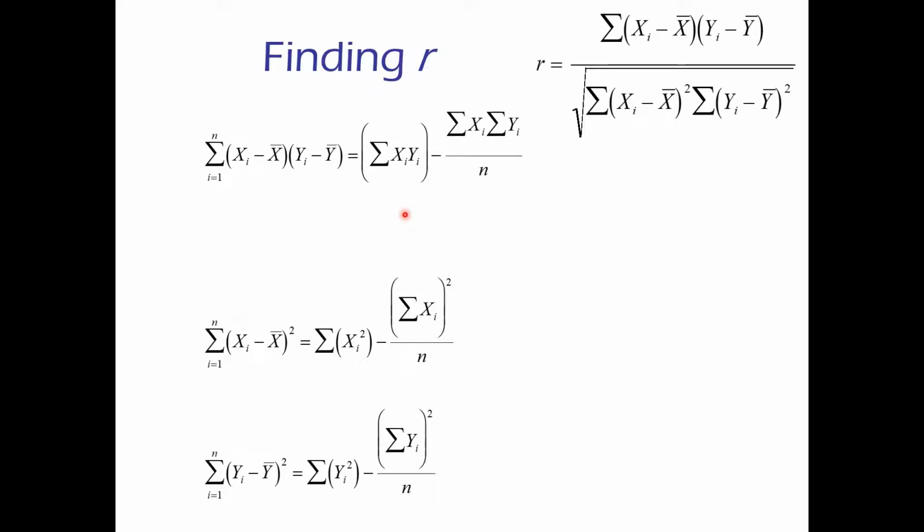Now, what we need here is sigma xi yi, which is the sum of the product of x and y, sigma xi, which means the sum of all x values, sigma yi, which is the sum of all y values, sigma xi squared, which is the sum of all the squared x values, and sigma yi squared, which is the sum of all squared y values, and finally n, which is the sample size.